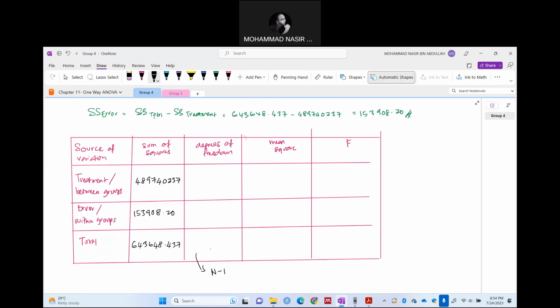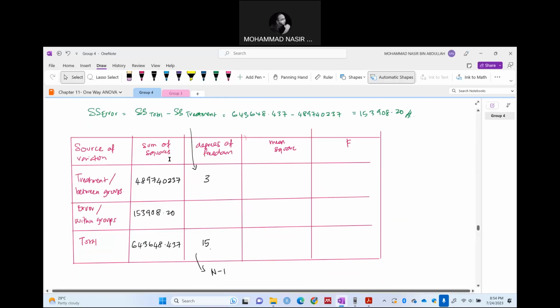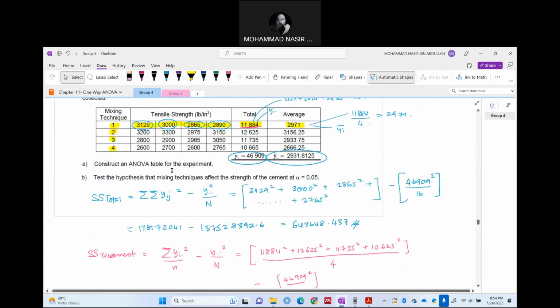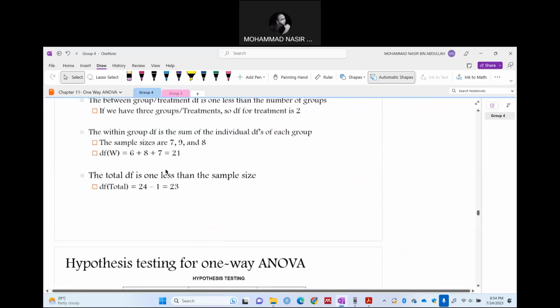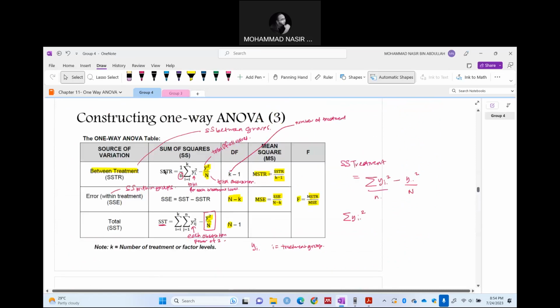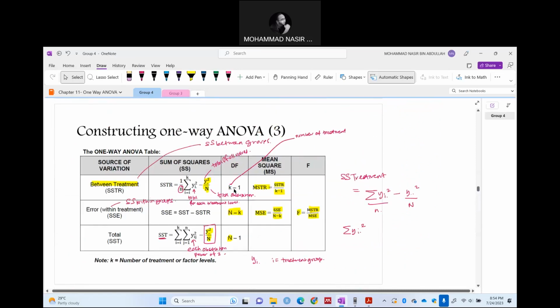So our total observation is 16. 16 minus 1 equal to 15. And degree of freedom for treatment is number of treatment. So we have 3 group. Wait, treatment minus 1, I think. K minus 1.